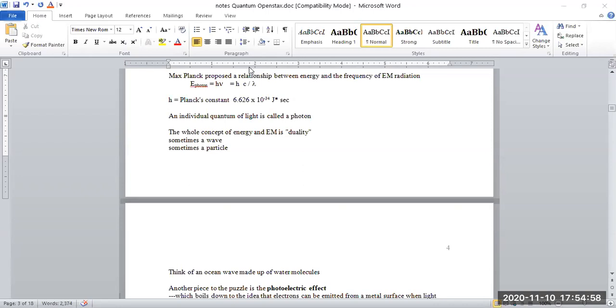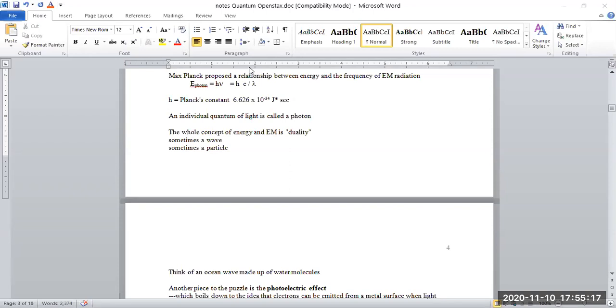The other batch are like going, no, no, it's a particle. So there was this kind of argument back and forth. If you then compare those arguments to our modern day understanding, this is why it's called duality.